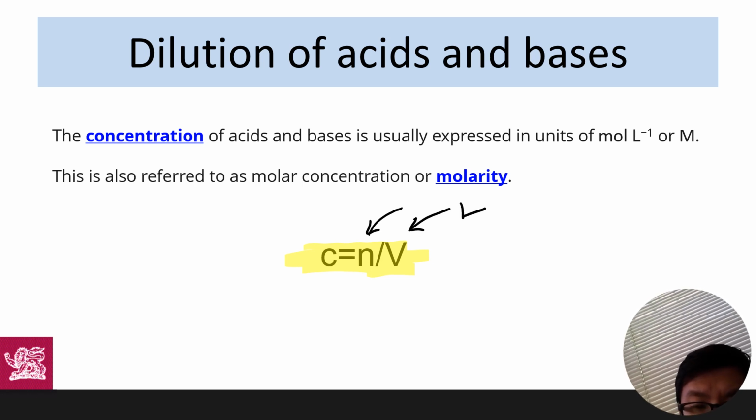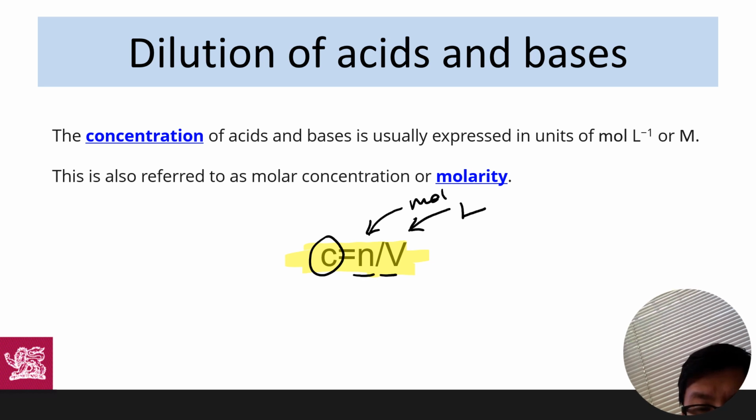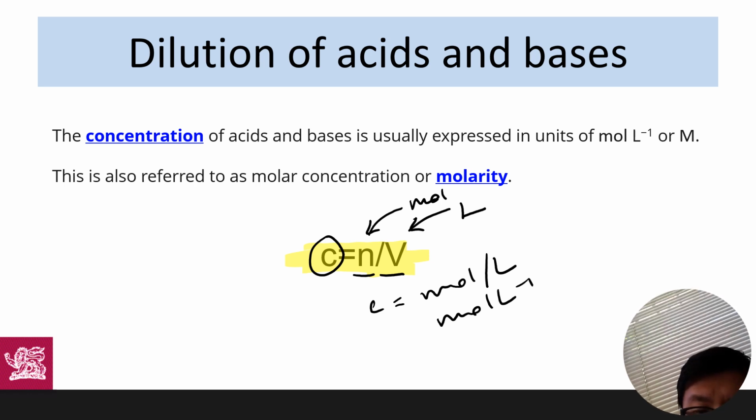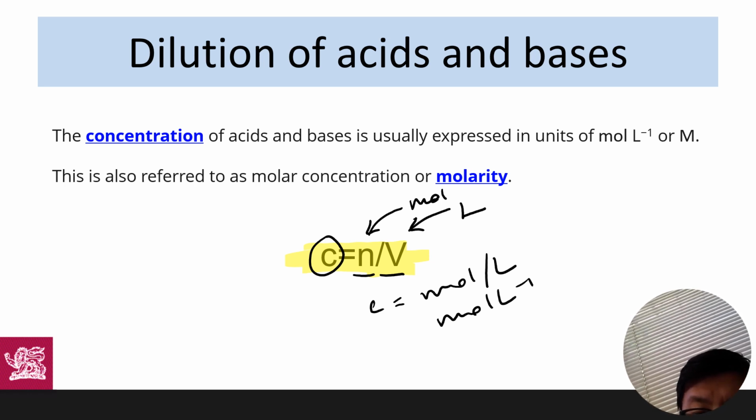So volumes measured in liters and moles there. So therefore, if that's moles and that's liters, then concentration, because it's moles divided by liters, its unit of measurement is moles per liter, or written like this. You can see here it's also known as molarity.